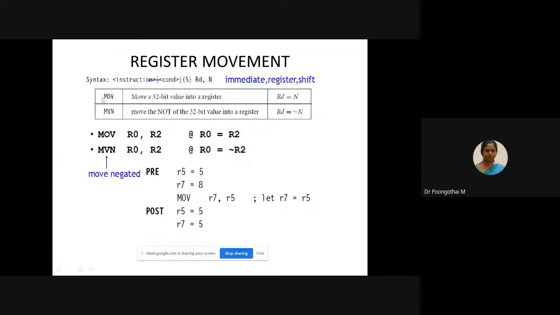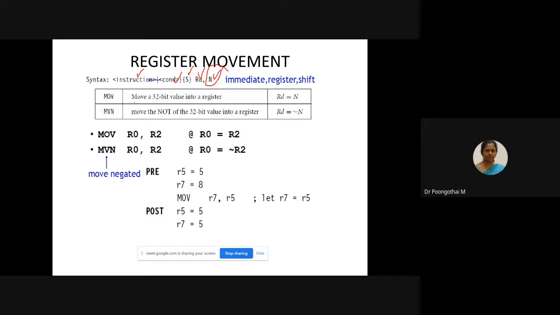So this is the syntax for move along with the conditional attribute and flag update: instruction, conditional attribute, flag update S suffix, destination register, and the source register. The source can be a parallel shifter operand or a general register operand.